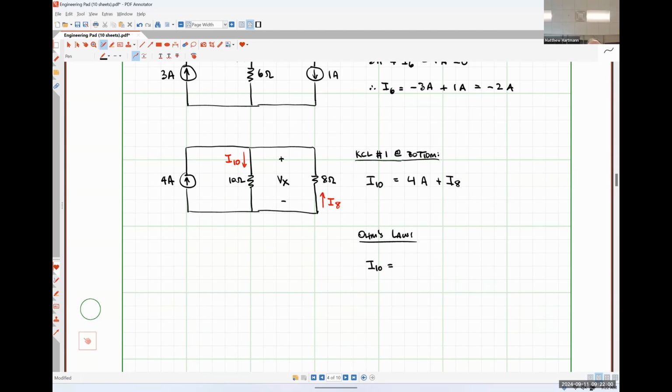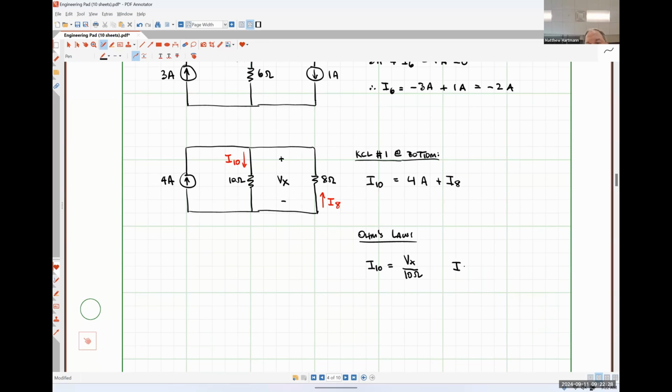So we would have Vx over 10 ohms. Should our Ohm's law representation here have a positive sign or a negative sign? Positive, because the current I10 is flowing into the positive polarity terminal. Right.